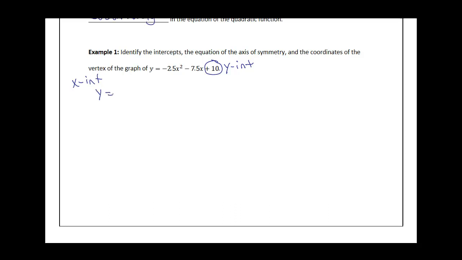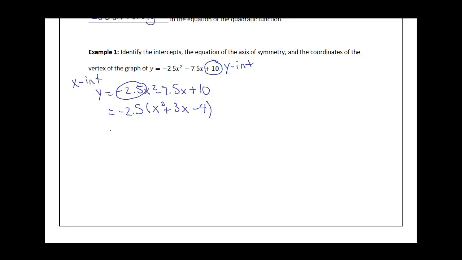So we have y equals negative 2.5x squared minus 7.5x plus 10. Let's factor out the coefficient of negative 2.5, and we'll get negative 2.5 times (x squared plus 3x minus 4) as our new polynomial.